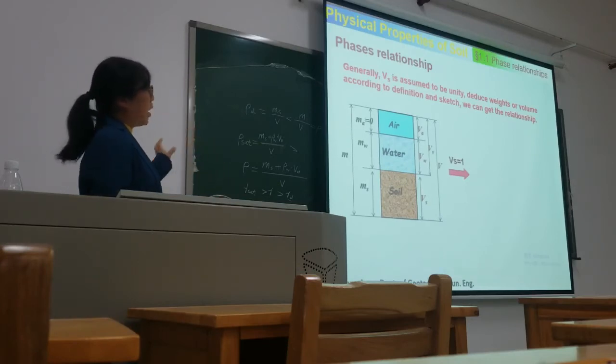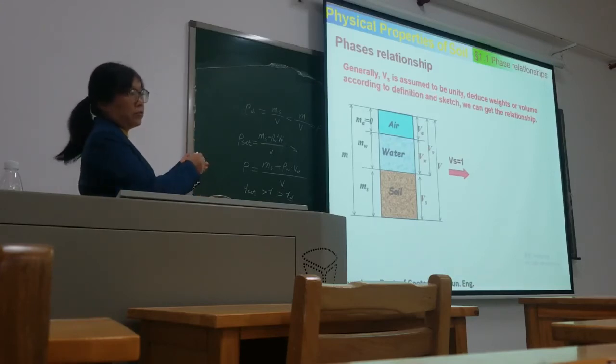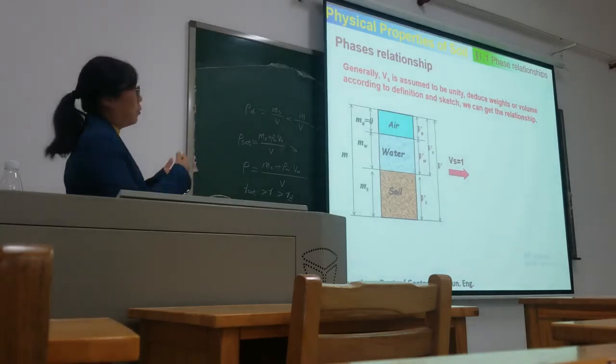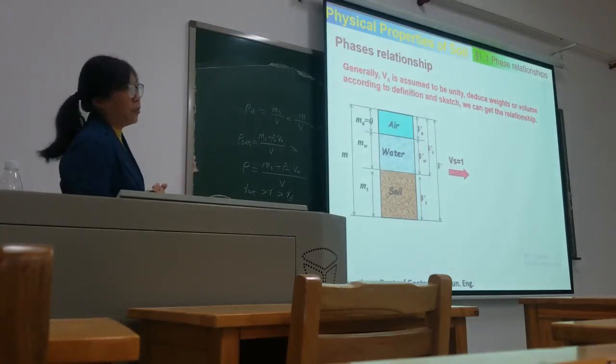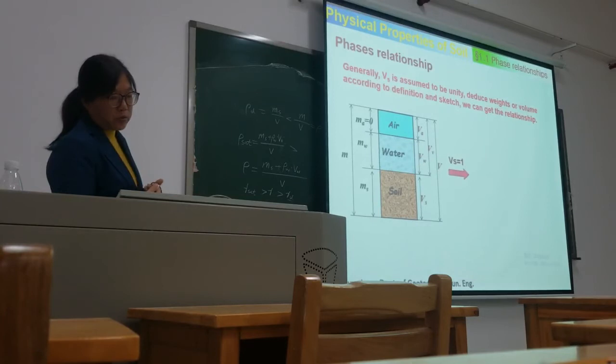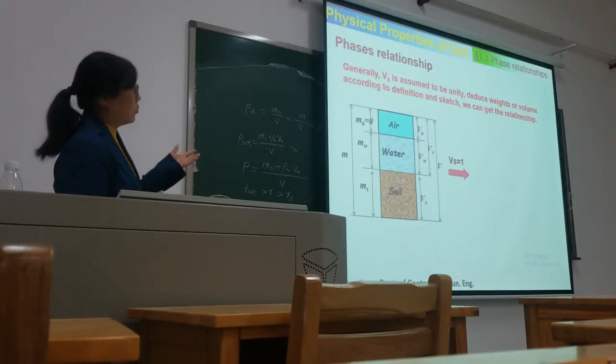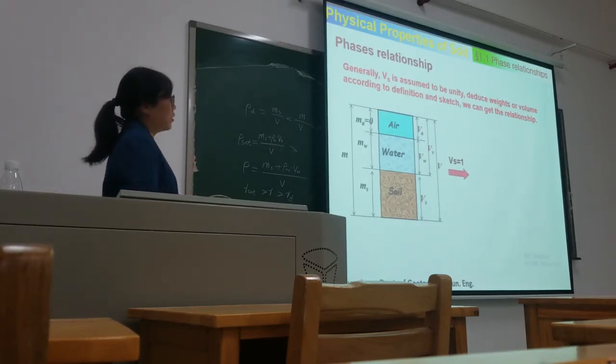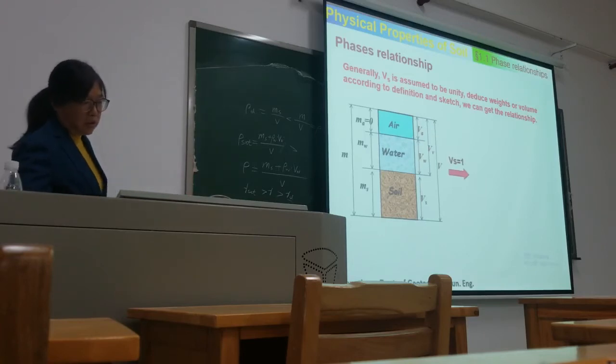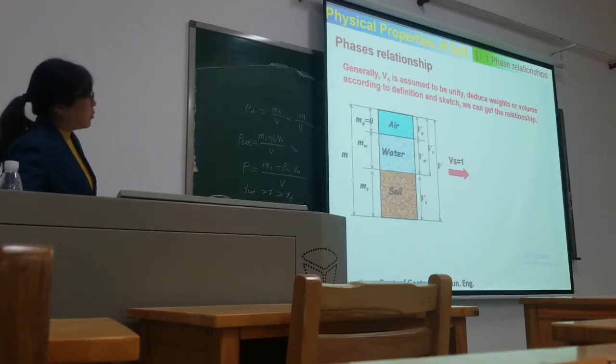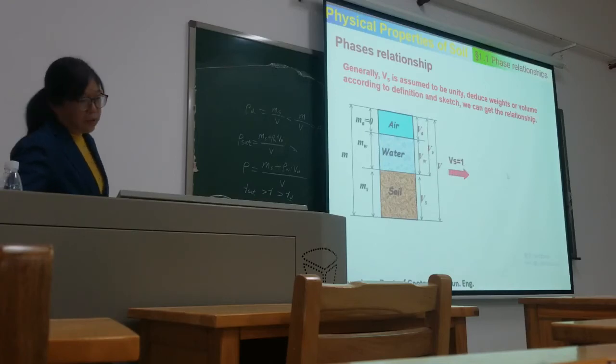Because the parameters are the ratio of mass to mass or mass to volume or volume to volume. So we can assume the Vs equals 1. Okay?